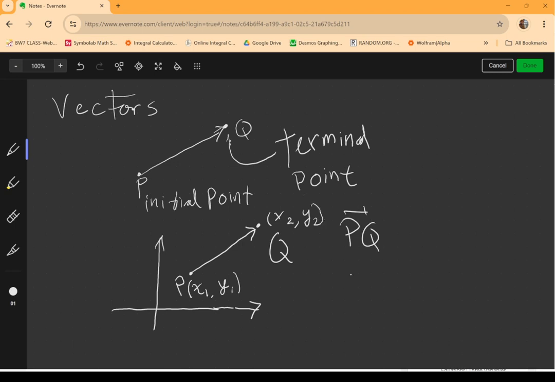And again, there is a difference if we want to define the vector QP, excuse me, it would be this pointing in this direction.